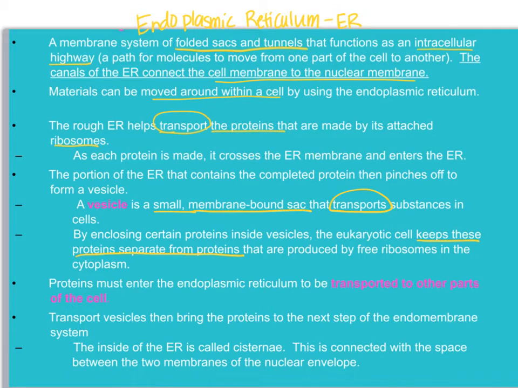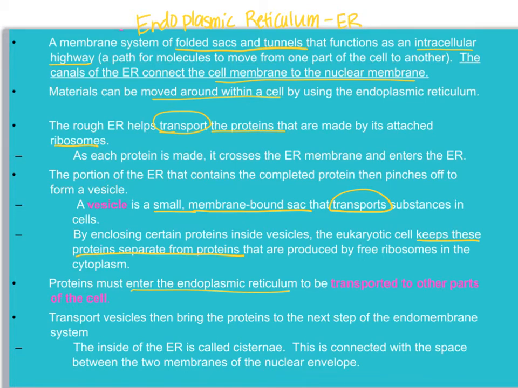So in order for proteins to be transported somewhere else, they need to enter the ER. Transport vesicles are going to bring them to the next step, and we're going to talk about the next step in just a second.